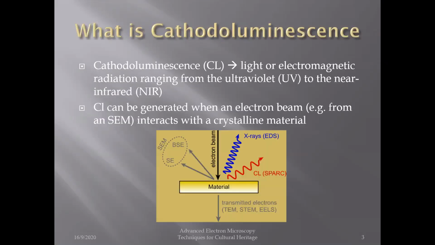And before I do that, very quickly, I would like to go through the basics of cathodoluminescence, which some of you may not be familiar with. So cathodoluminescence, apart from being a very large word, is light or electromagnetic radiation ranging from the ultraviolet to the near IR. And it can be generated within an SEM chamber from the interaction of the electron beam with any kind of crystalline material.